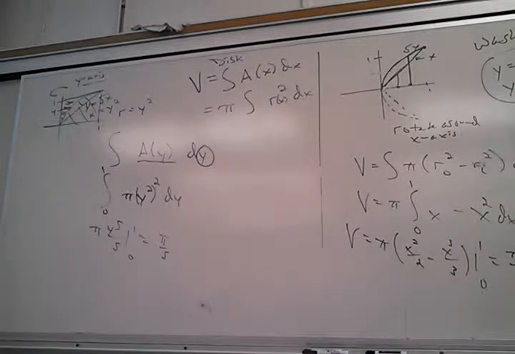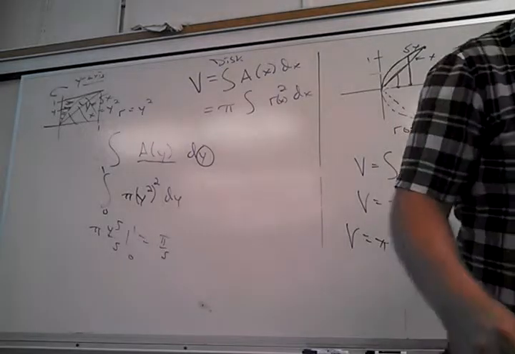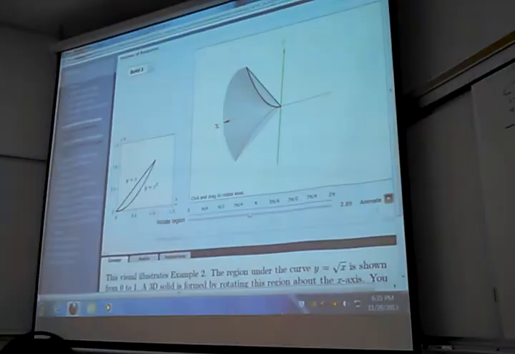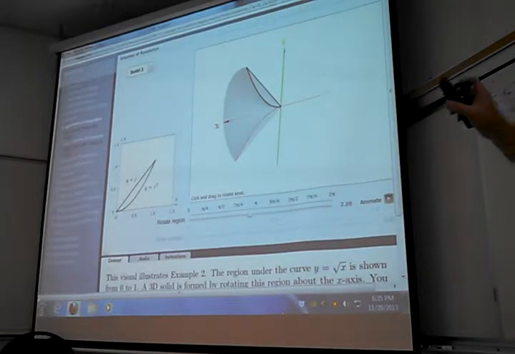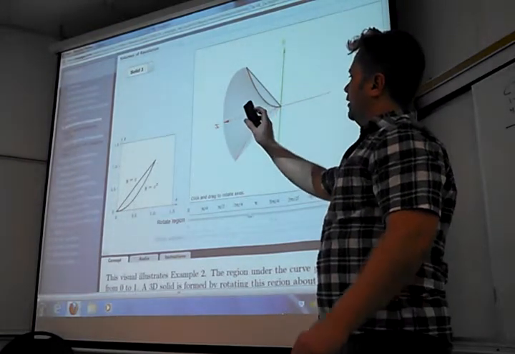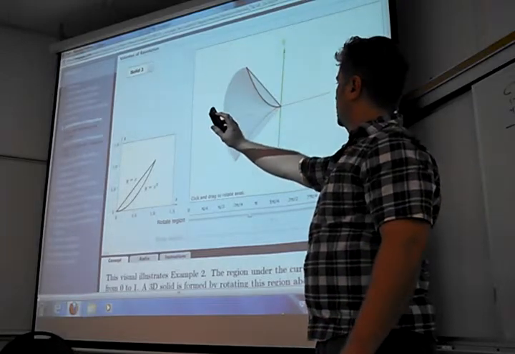There's no real instructions on this thing. I don't want you to do any integration yet. We're going to do the integrals next. What I want you to do is just identify what the radii are. Identify the inner radius, the outer radius, if there are inner radii, outer radii.